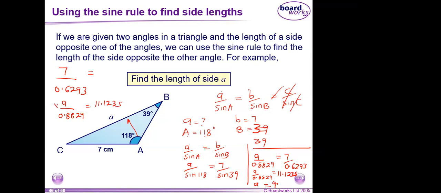So you multiply both sides by 0.8829. Here it cancels and I remain with A as 9.821. And these are centimeters. I hope members, you have picked the idea.